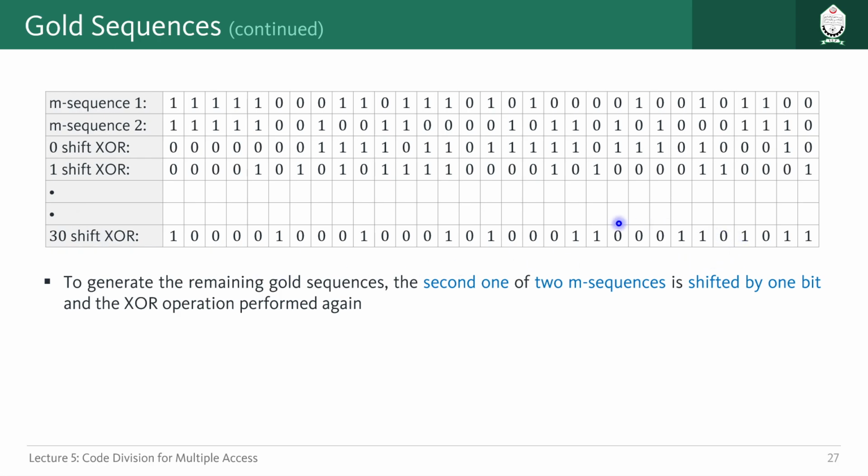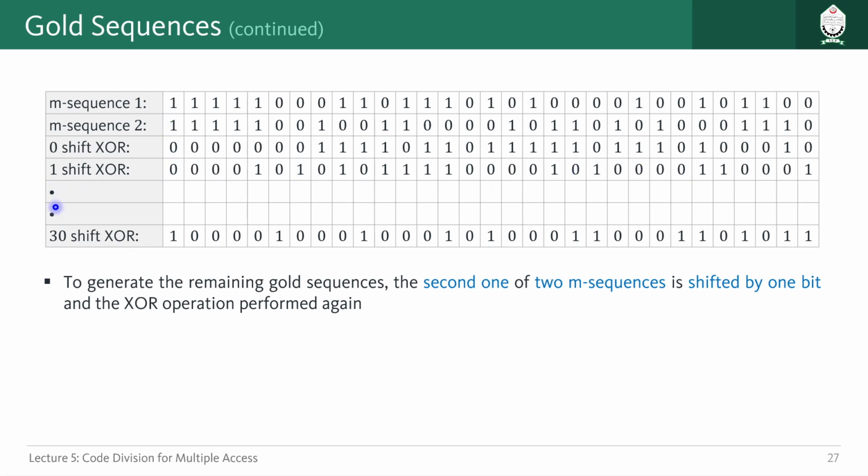You see, this is the first M sequence, this is the second M sequence. After taking no shift, just XORing these together, we get this sequence, right? Then for this one, we shift the M sequence by 1 bit, then XOR M sequence 1 and M sequence 2, and we get this one.